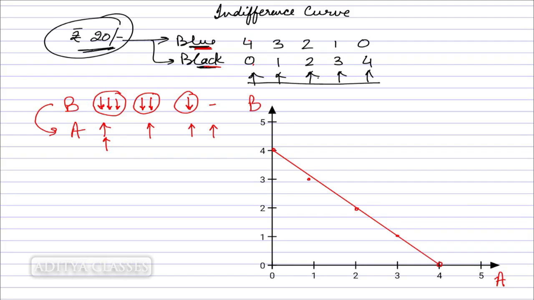Let us understand this once again. Let us say A is water and B is money.